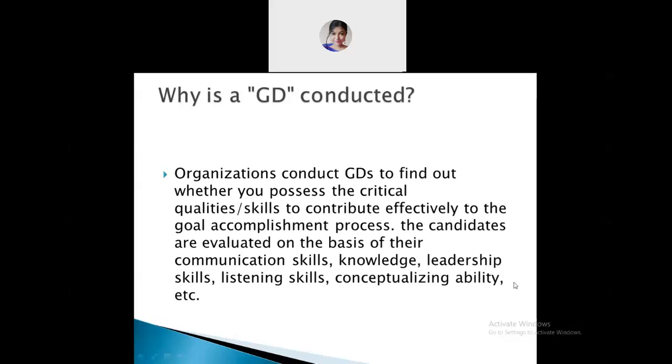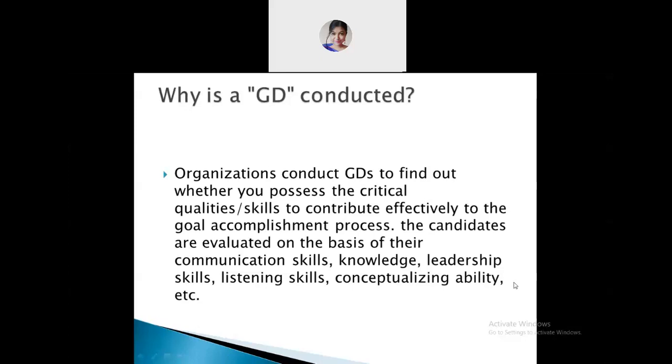Now why do organizations and institutions conduct GD? They conduct group discussion to find out whether the candidate has the required qualities or skills or not. So group discussion is conducted to find out the right candidate.